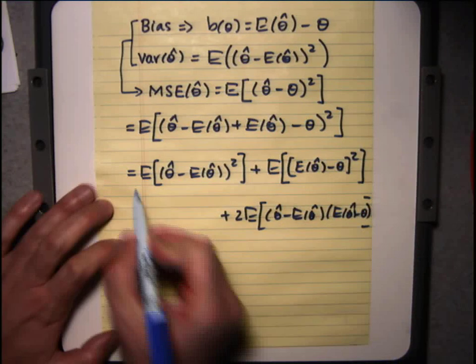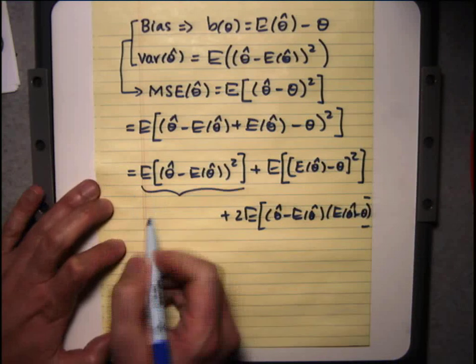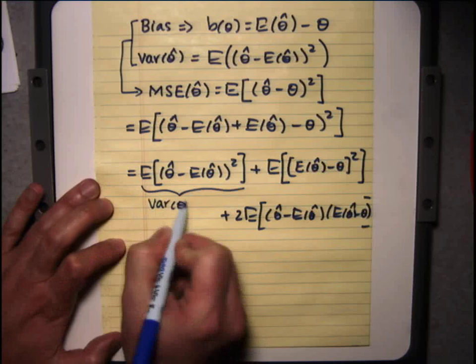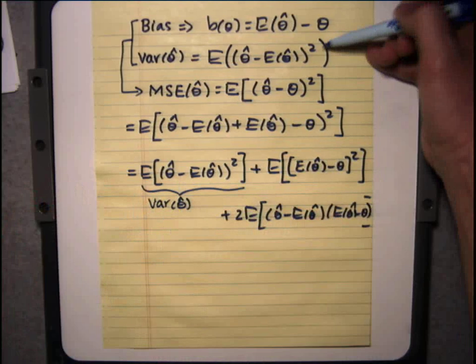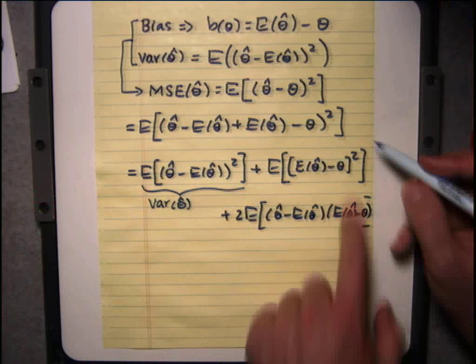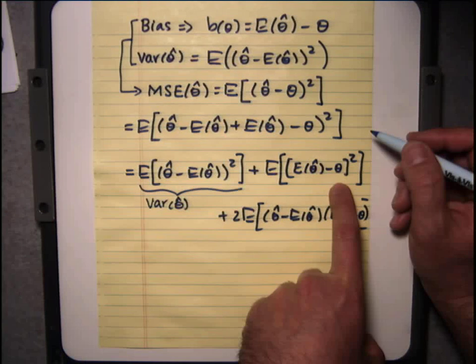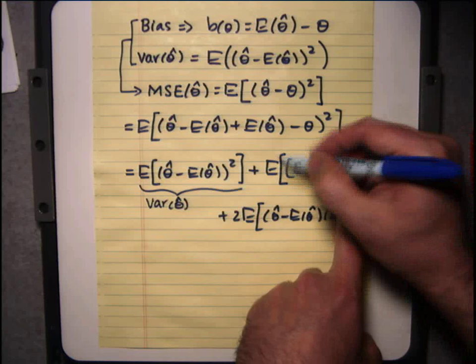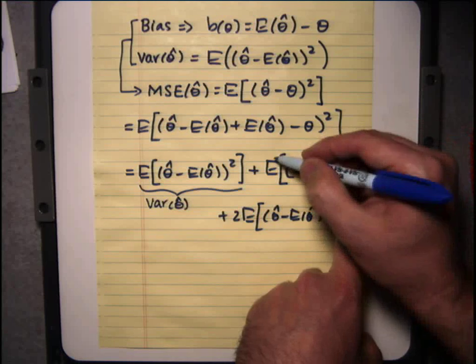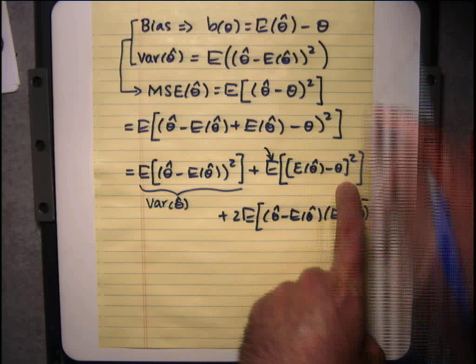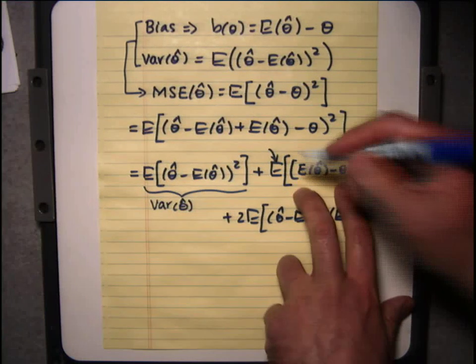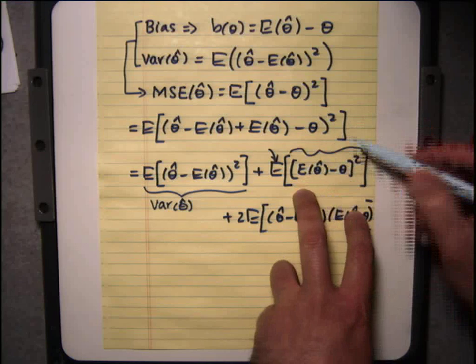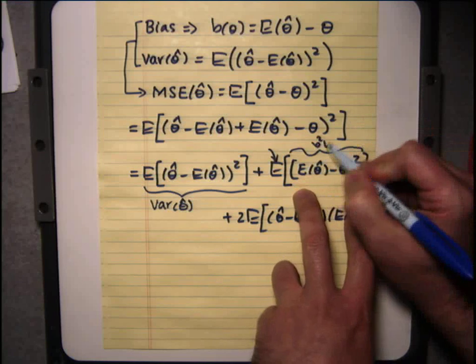Now this part here is exactly the variance. Just see it up here. And this part here is exactly the square of the bias. The expected value here is really not making any difference, because the expected value is already taken inside, so this thing in the middle is a deterministic quantity.